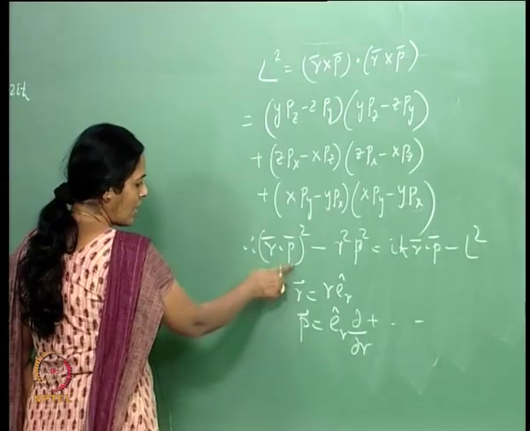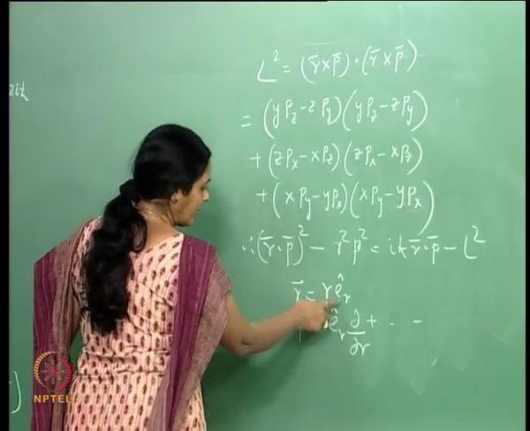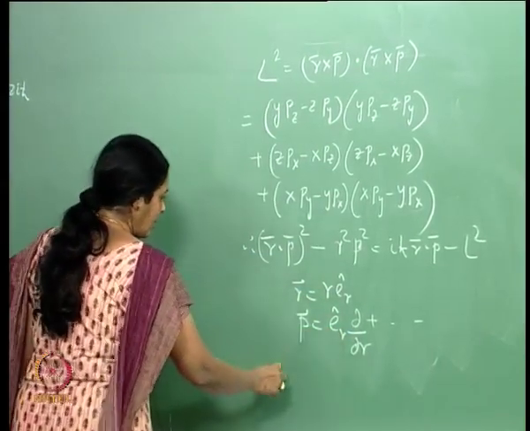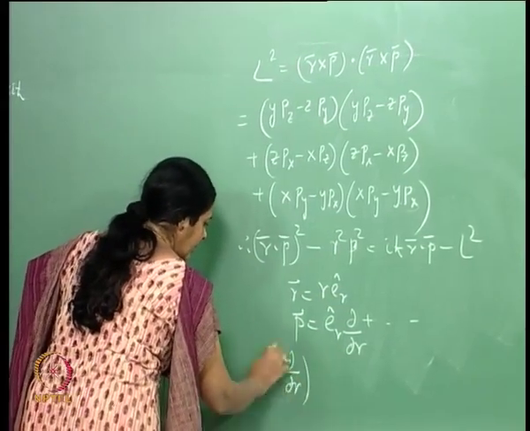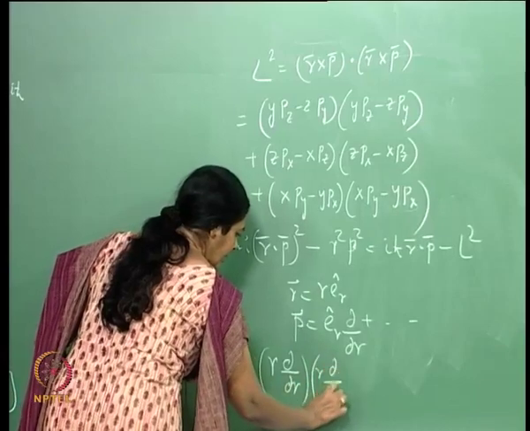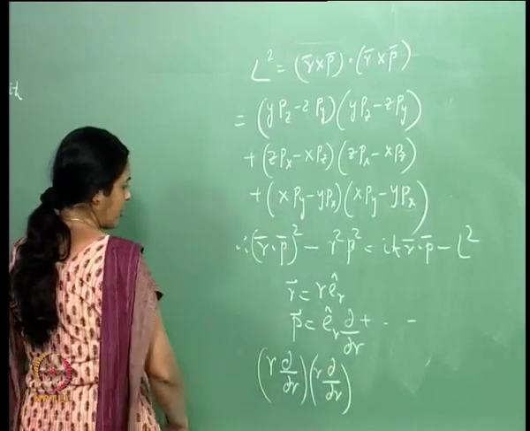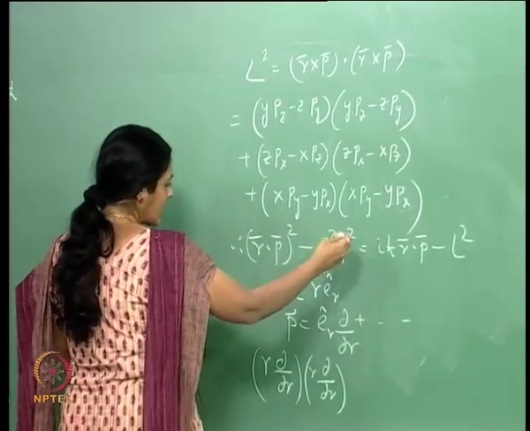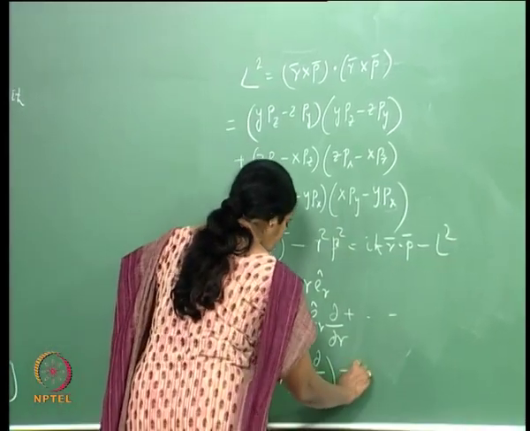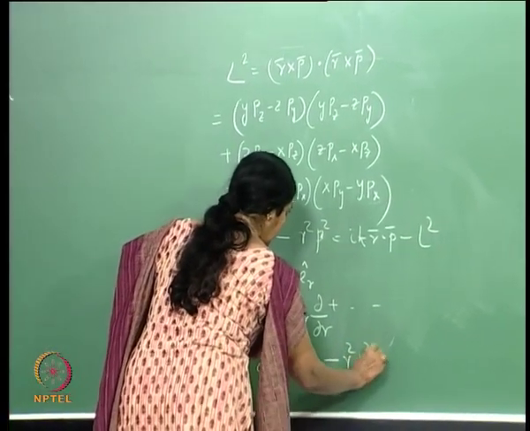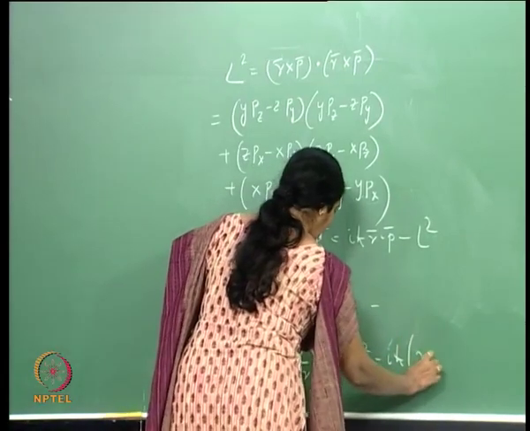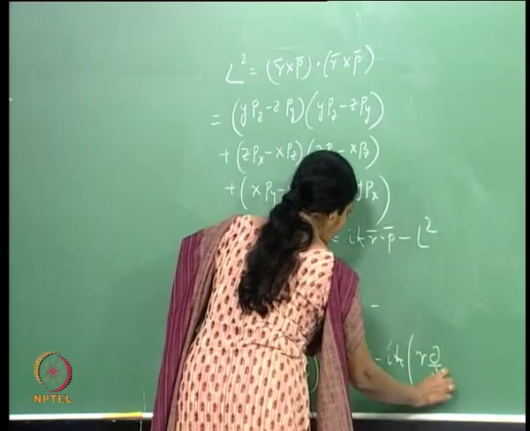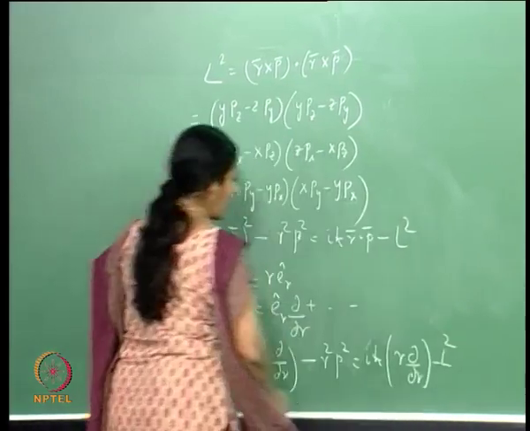But what matters in r dot p is simply r delta by delta r, and therefore I have r delta by delta r times r delta by delta r, that is the first term, minus r squared p squared is i h cross r delta by delta r minus L squared.